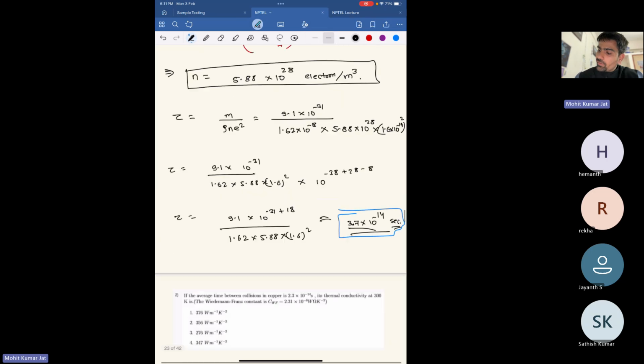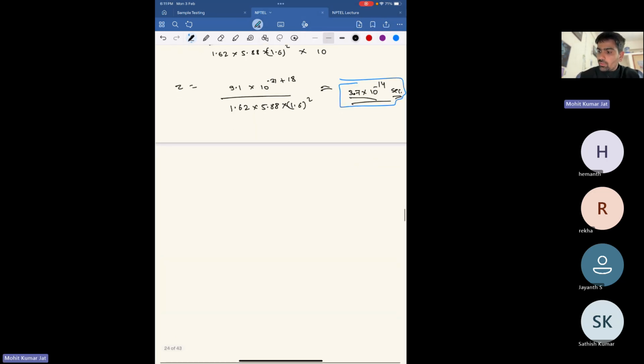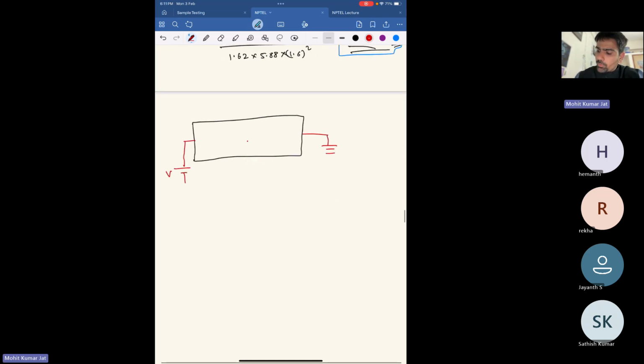This is a very naive picture. Actually, the picture which we are solving has many drawbacks, and this is not the right picture of how the electron moves. So you have your metal, for example silver, and you apply a positive voltage V here and ground the other end. According to Drude, the electrons collide with each other and move with a drift velocity Vd.